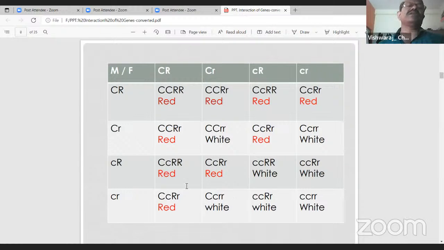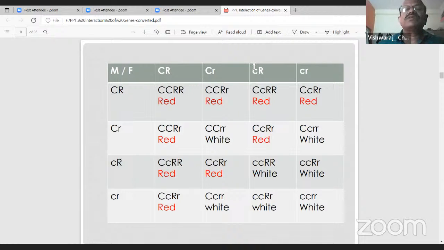And this is taken in a checkerboard: these 4 gametes of the male flower and these 4 gametes of the female flower. Taking this in the checkerboard and crossing, capital C, capital R with capital C, capital R produce red.